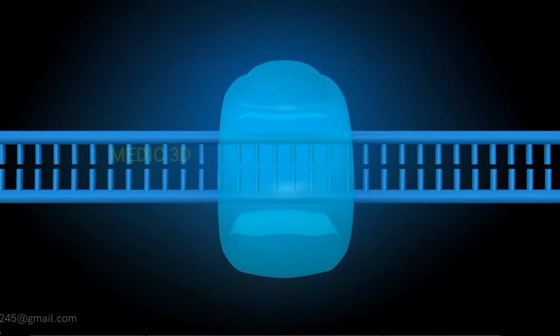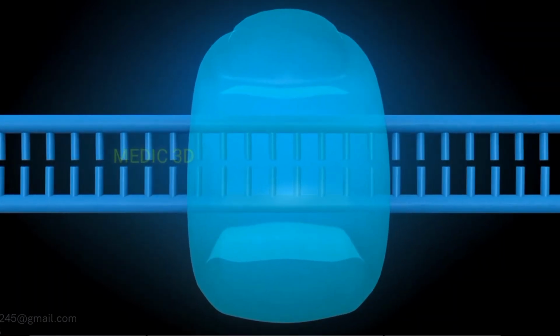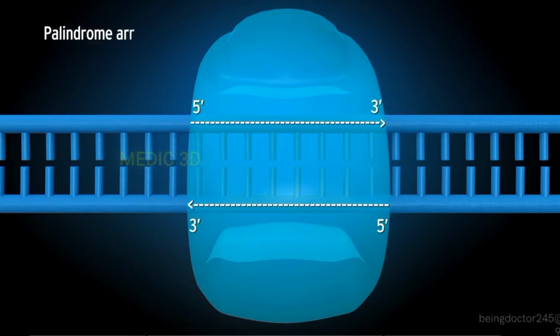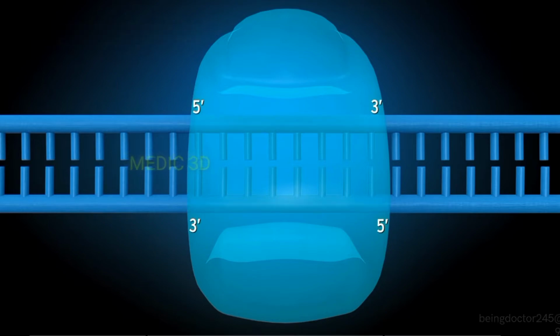They recognize specific sequences of DNA around 4 to 7 nucleotides long with a palindrome arrangement, meaning that it reads the same in both strands. For example, EcoRI recognizes GAATTC in the 5' to 3' strand and CTTAAG on the 3' to 5' strand.